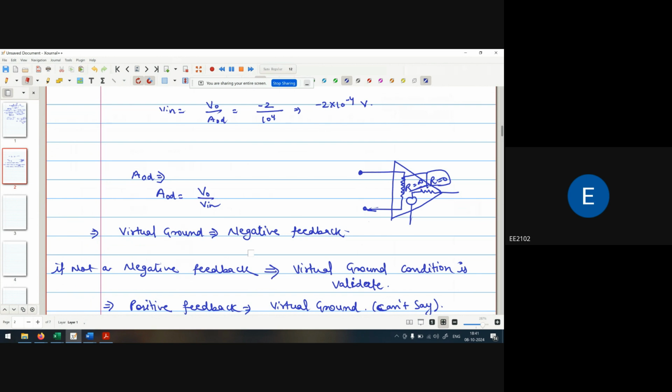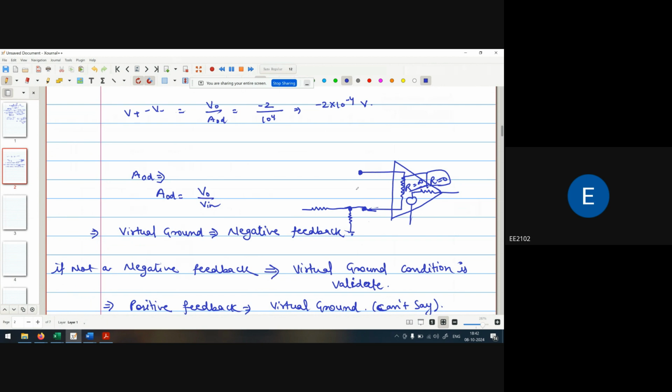I am not saying the V in, I am saying V plus minus V minus, that means the voltage difference between these two points.